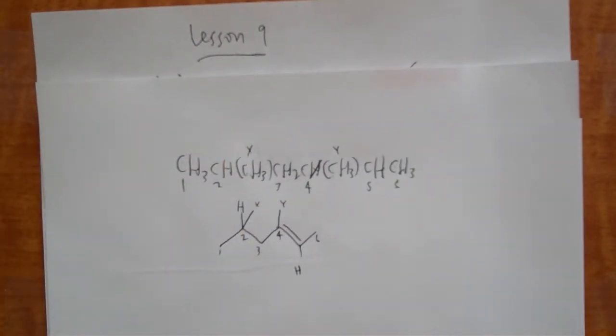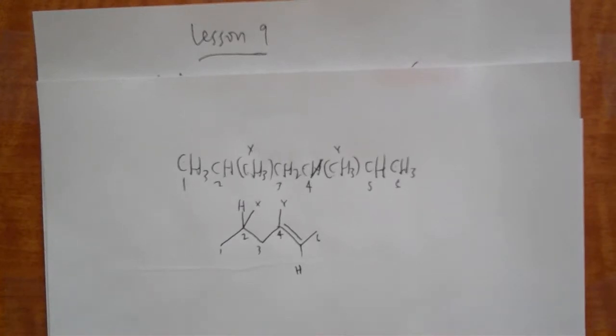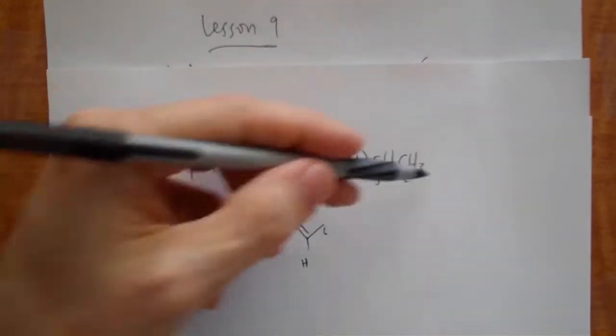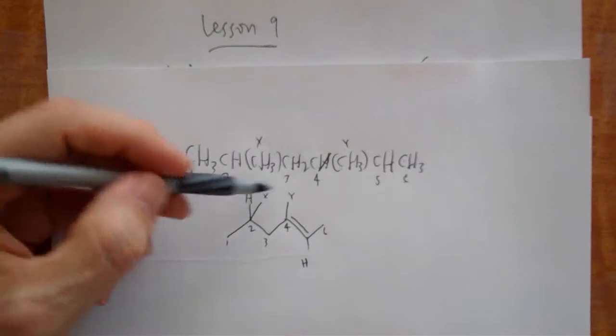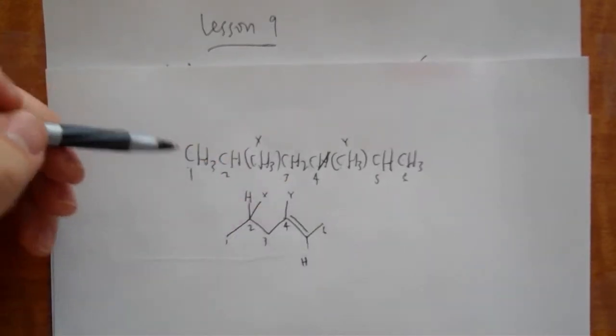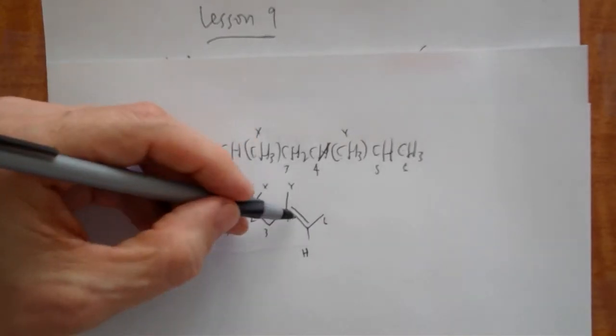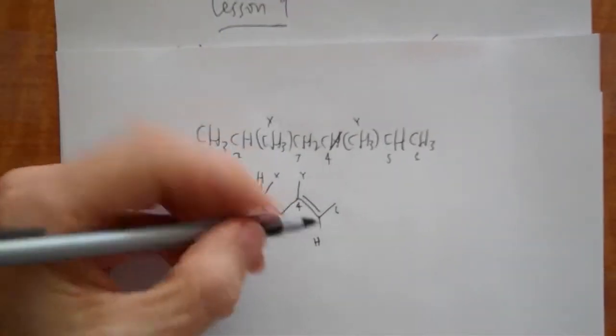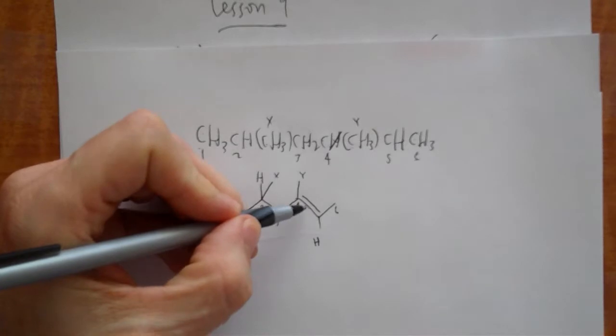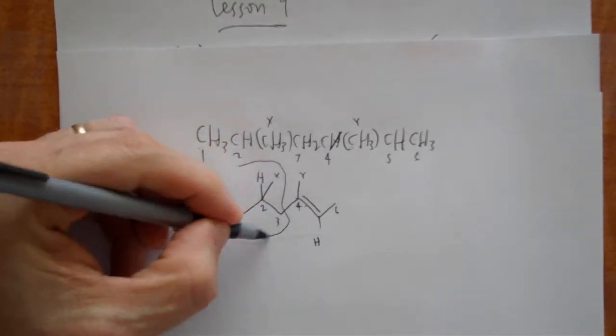Now the question is, does this exhibit cis-trans isomerism? A lot of times we'll get it like that, but with me, I usually go ahead and draw them out for you on the quizzes and exams. Either way, we've got to figure out if this does, and what I'm going to do is isolate the double bond that I'm looking for. I'm focusing on that, and I'm taking all the things that are on the double bond.